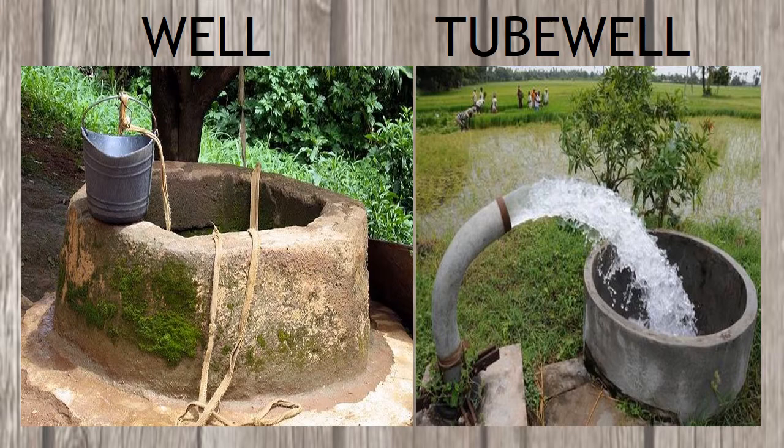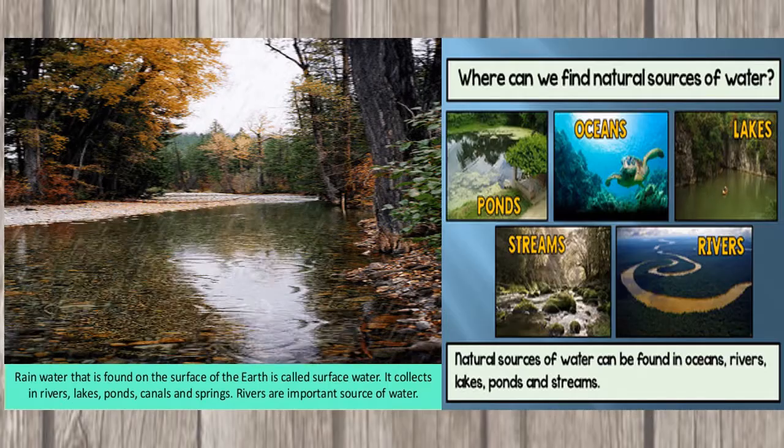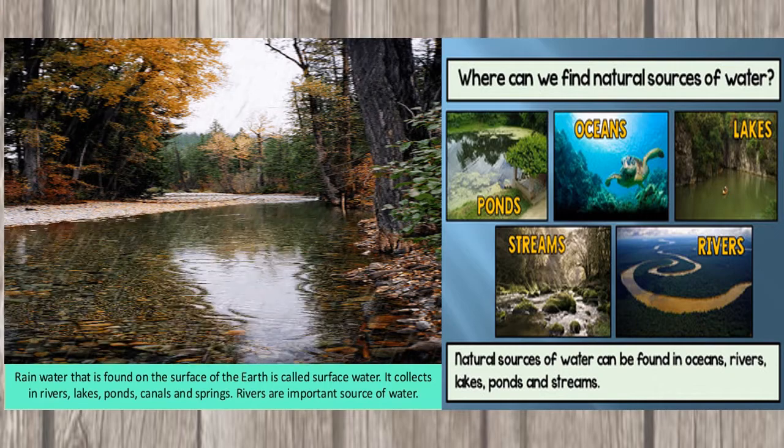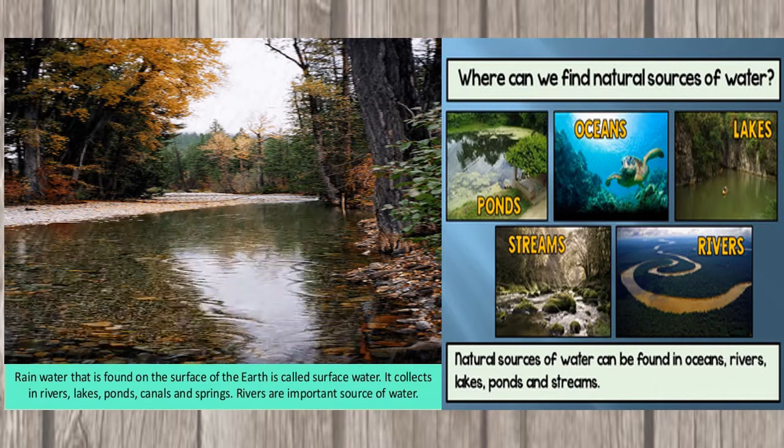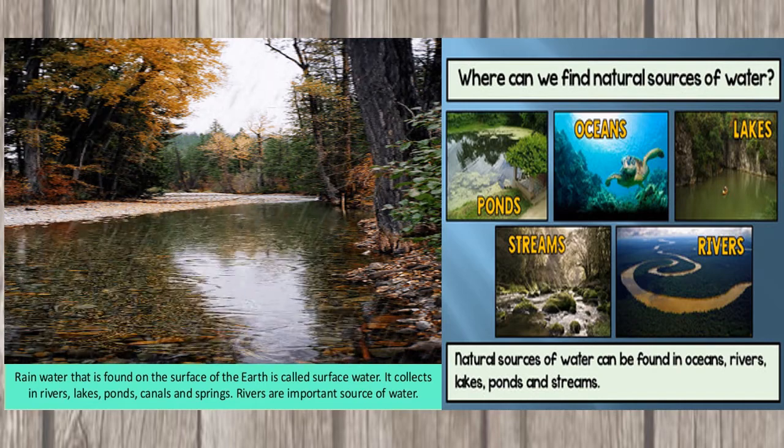This is called groundwater. And we get groundwater through wells, tube wells and through hand pumps. And remember children, rainwater found on the surface of the earth is called surface water. Like rivers and lakes, all these are surface water and these are the natural sources of water.